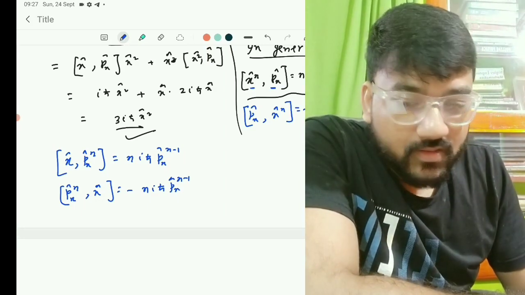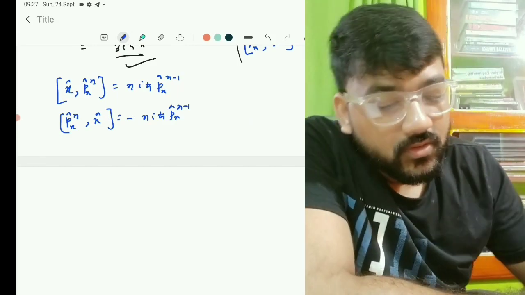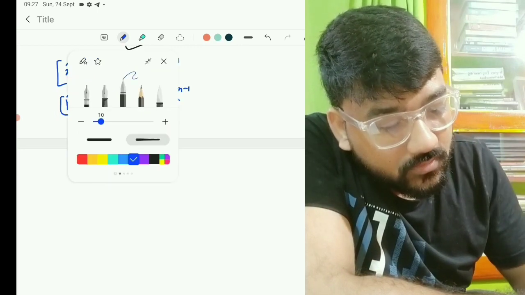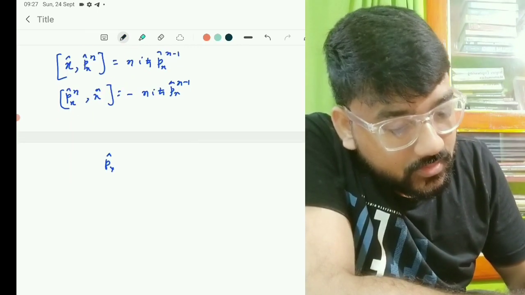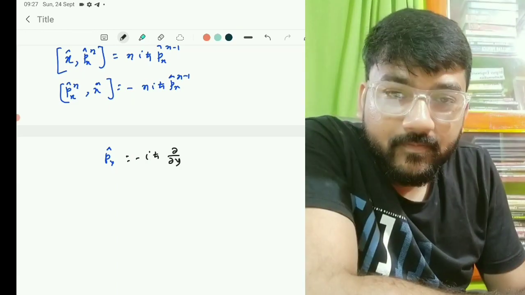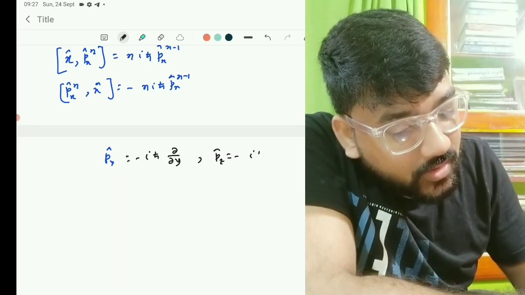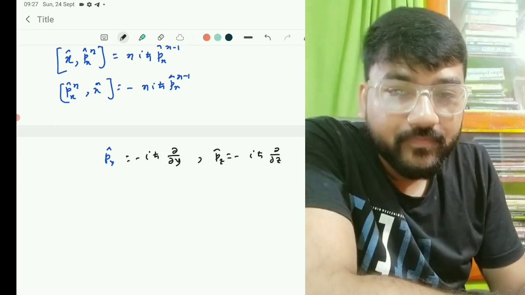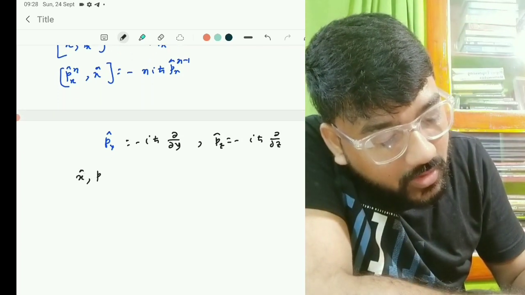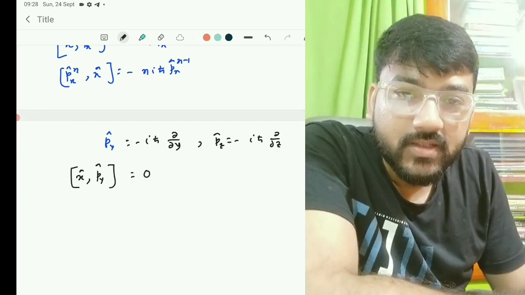Okay. Now let me tell you about if you have py or pz also. So if you have py, the momentum operator py, this is actually minus iℏ cross del del y. Similarly, if you have pz, that will be minus iℏ cross del del z. Now if you operate x with py, you will get 0 always. You can check this relation.